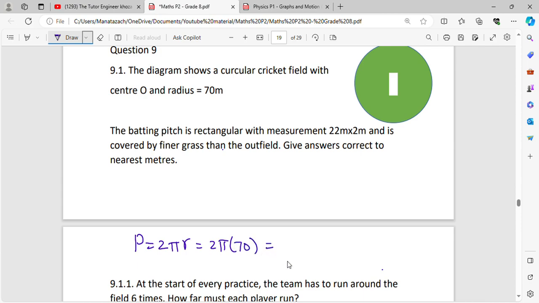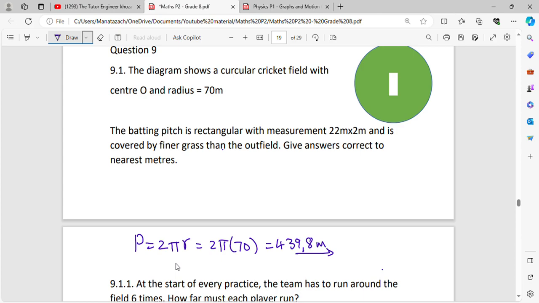So now the answer to the perimeter is 439.8 meters.